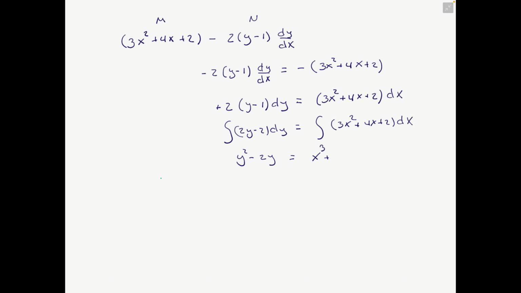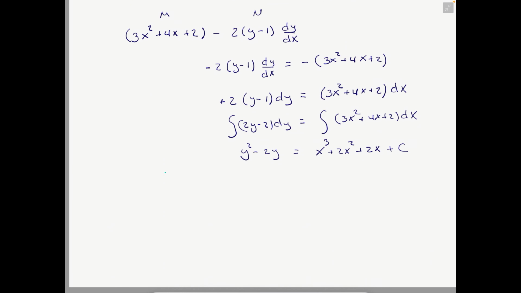And this gives us y squared minus y equals, whoops, I'm sorry, that gives us x to the third plus 2x squared plus 2x, and now we have plus some constant.